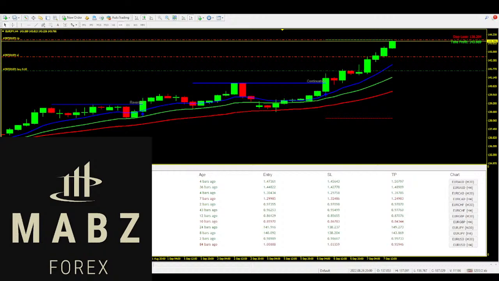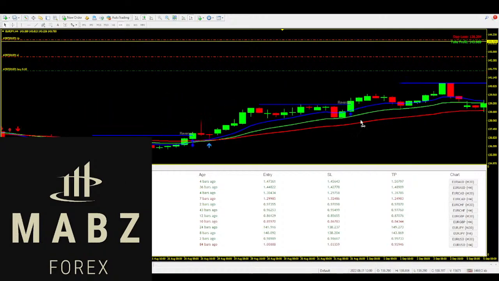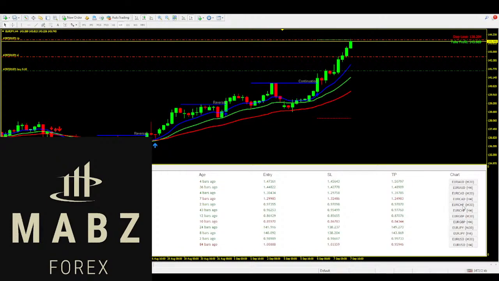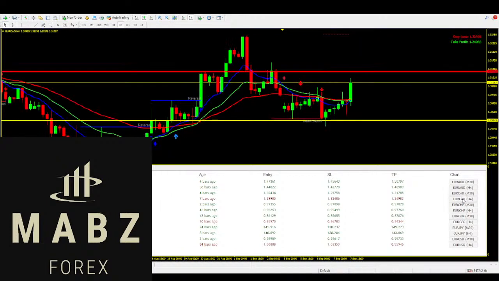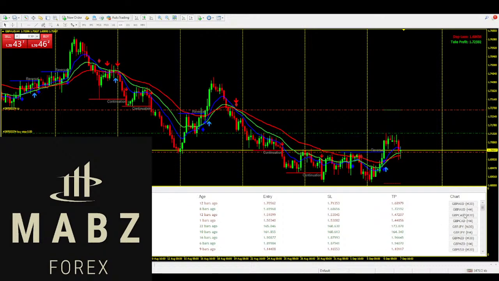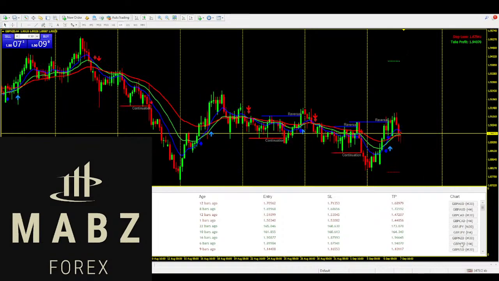Okay, so let me show you guys some examples of trades that we're looking for. It's very simple. Let me just find a good example for you guys to see. I think there was an example here on GBP NZD.